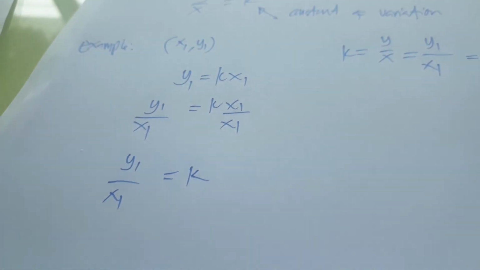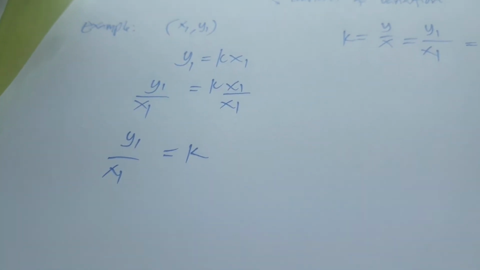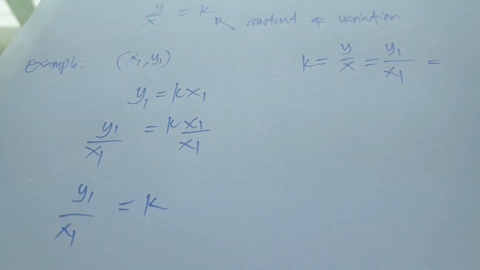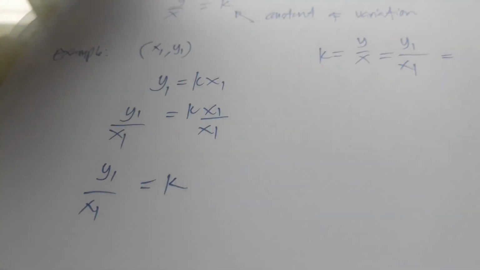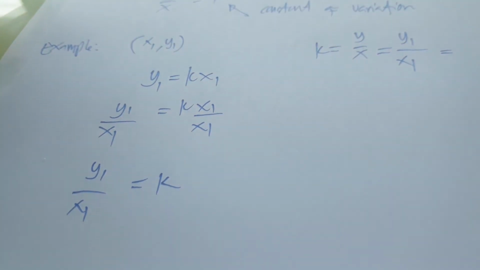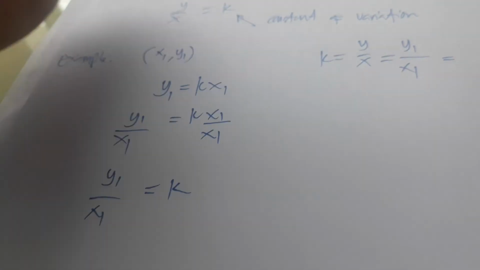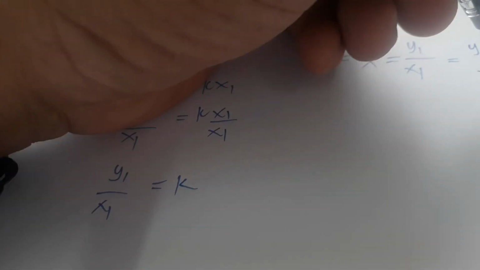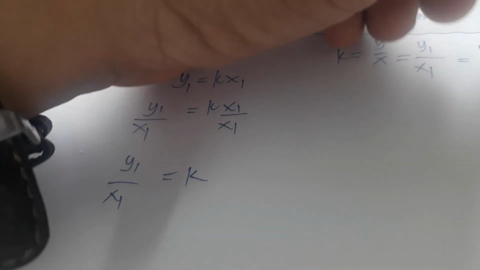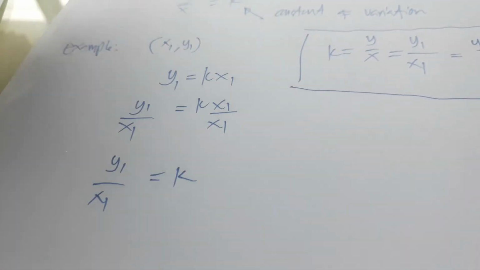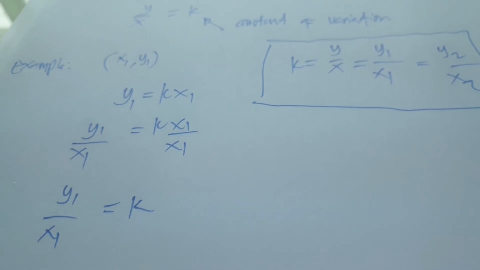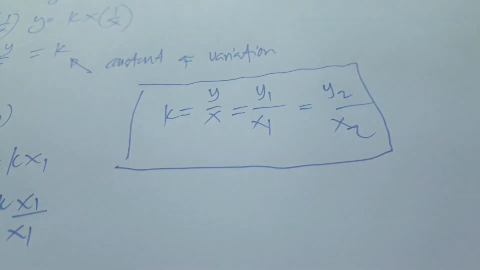If you have another pair of related values, as long as the ratio is constant or the same, you can say that direct variation occurs. This is the statement of a particular variation, specifically direct variation, if their ratio is constant.